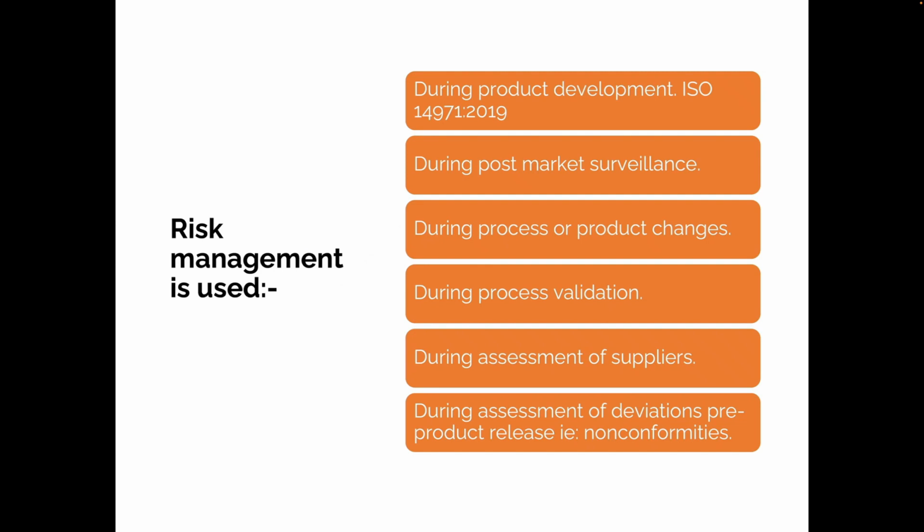And even internally within the organisation, in terms of deviations and non-conformities, deviations from the quality system expectations, very often you use risk management to understand the criticality of that deviation, how important it is to your quality system and compliance and to the end user. So basically you're using risk management.